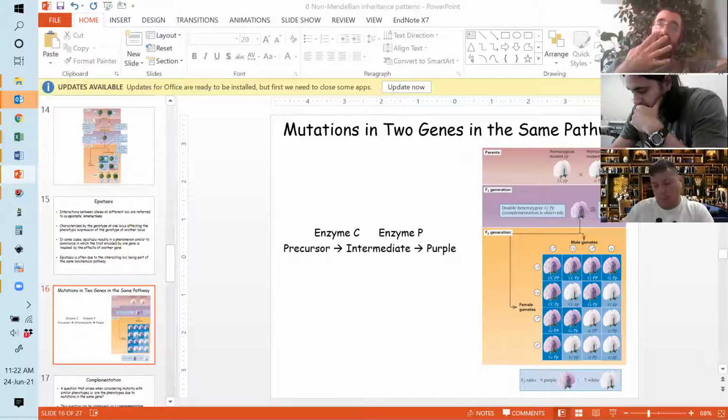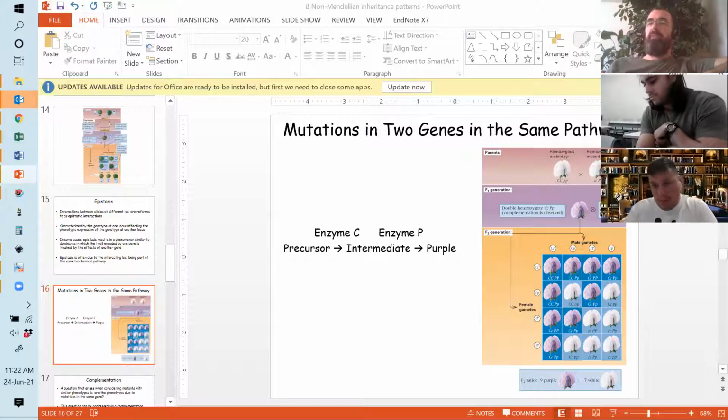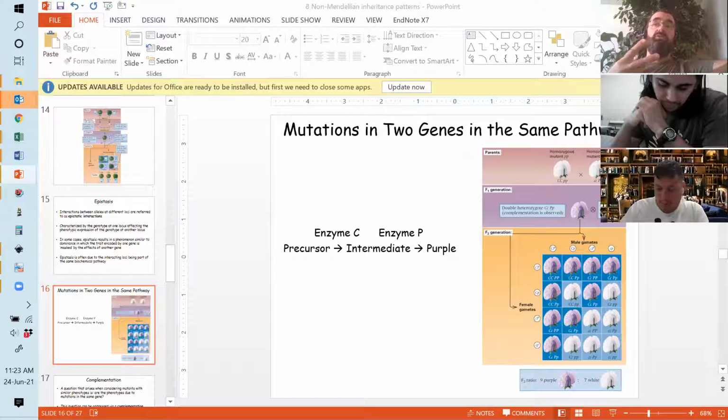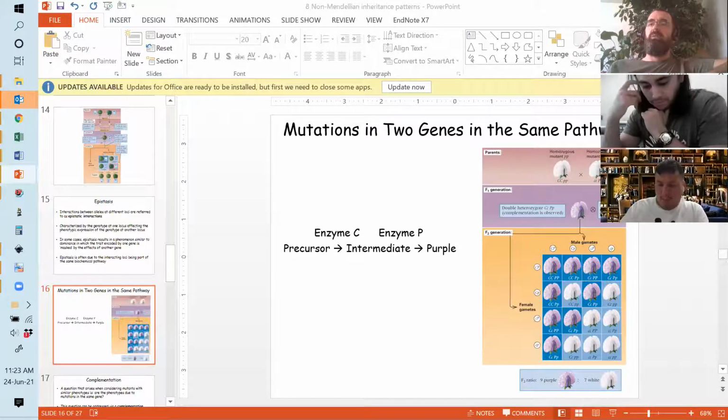So in linkage, you still get the 4 different phenotype combinations, but they're no longer in a 9 to 3 to 3 to 1 ratio. In epistasis, apart from maybe some weird and wacky ones that I'm not aware of off the top of my head, because I don't know all of the different types, you're going to be missing at least one of those 4 phenotype combinations. So you'll have 3 or 2 different phenotype combinations.